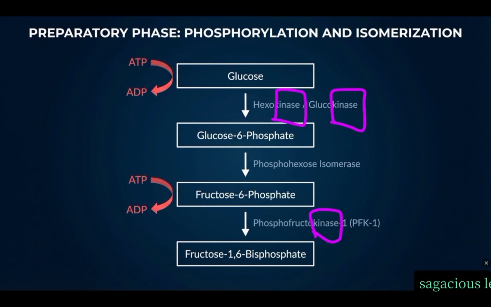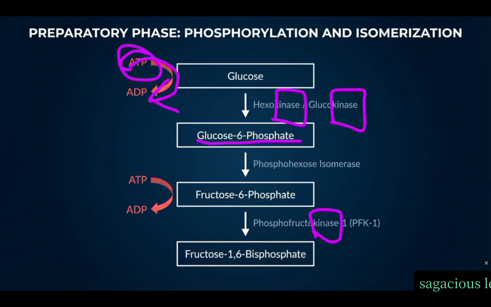I want to bring to your understanding that the function of kinases is just to transfer a phosphate from one group to another. For example, we have hexokinase and glucokinase. What are they doing? They are transferring a phosphate group from the ATP molecule to glucose to form glucose-6-phosphate, converting ATP to ADP.